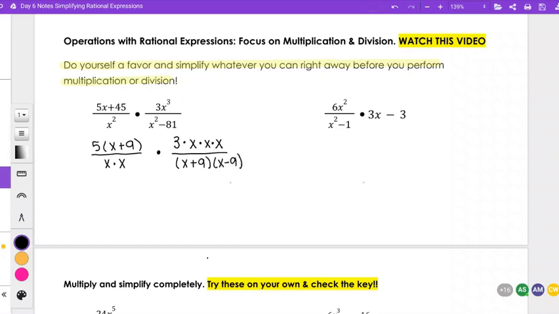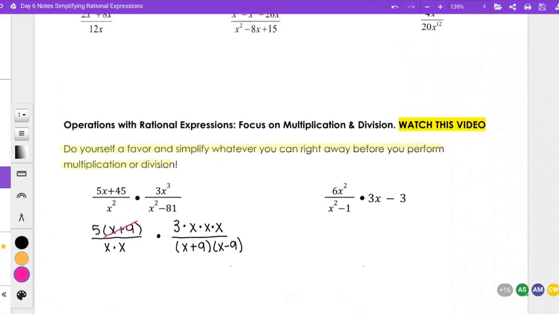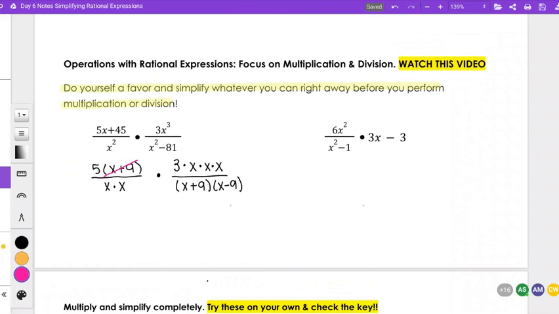Because the rule for multiplication with fractions is that you can multiply straight across in the numerator and straight across in the denominator, you're able to cancel terms along the diagonal. So x plus 9 is in the numerator on the left-hand side, and as long as it's in the denominator of either side, you're able to cancel that out. So the two x plus 9s cancel. You also have two x's in the denominator, which means you can cancel two x's in the numerator.